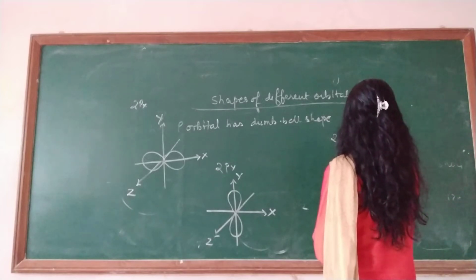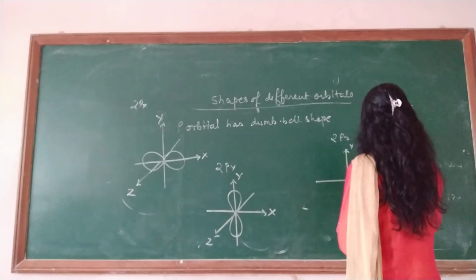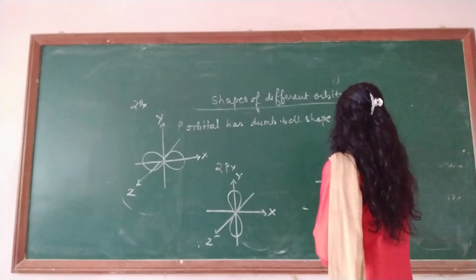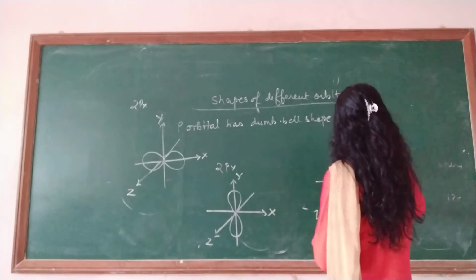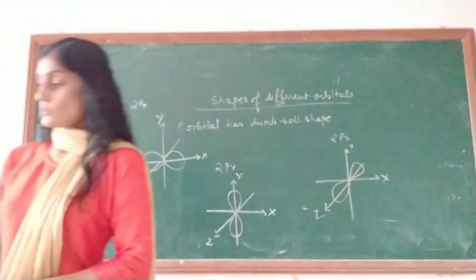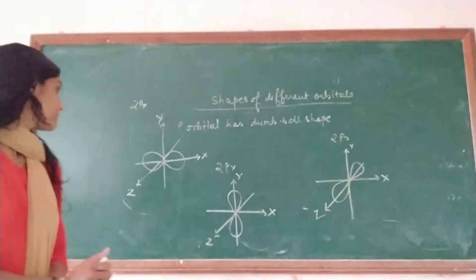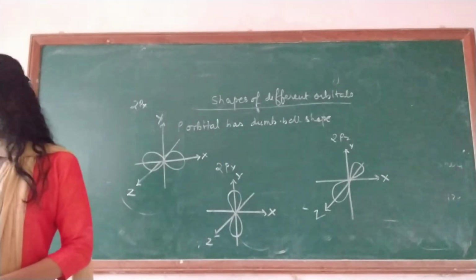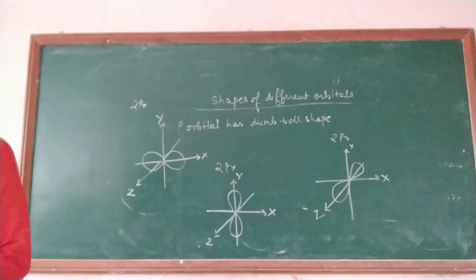So here we have y, here we have x, here we have z. So what we are having is that is 2p.